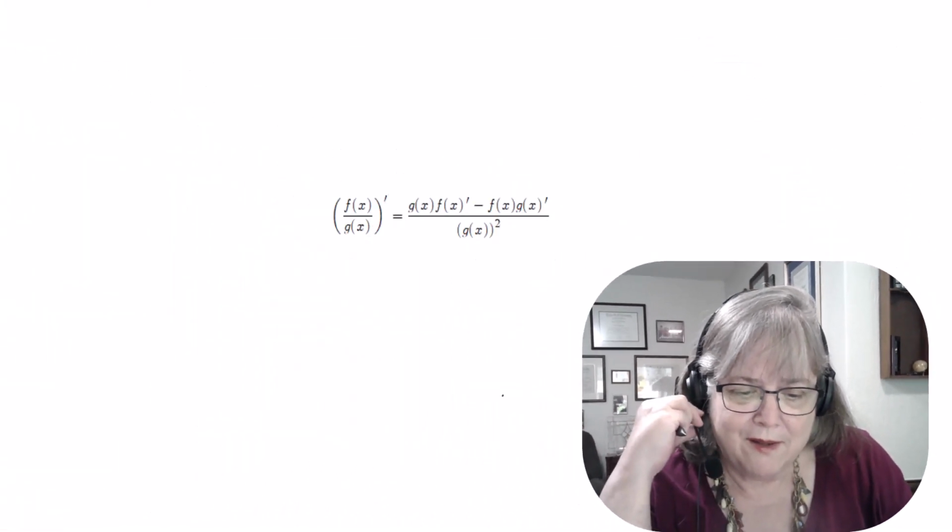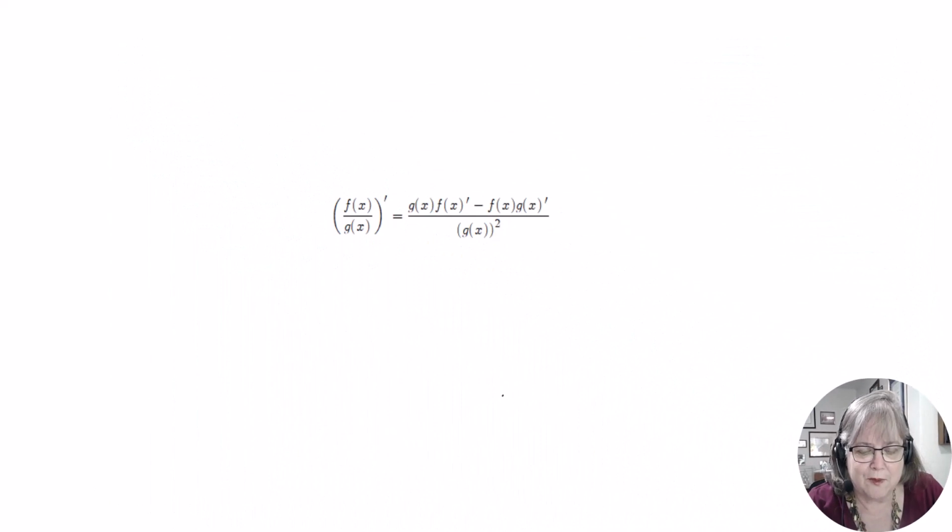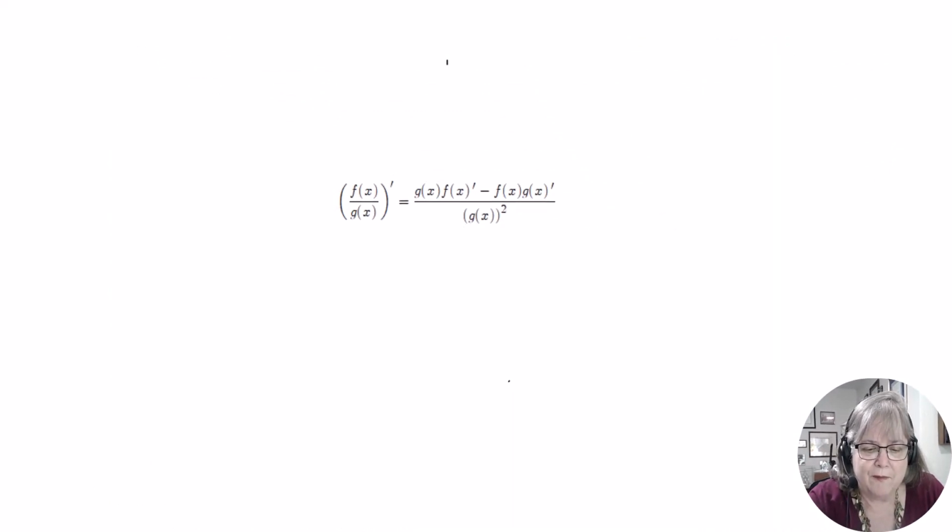If you have a function that is some function in the numerator and some function in the denominator, then if you take its derivative, this is using math, the description of what you're going to do.